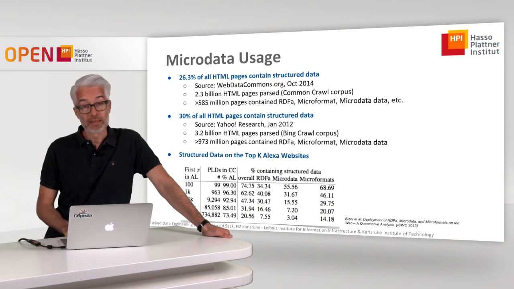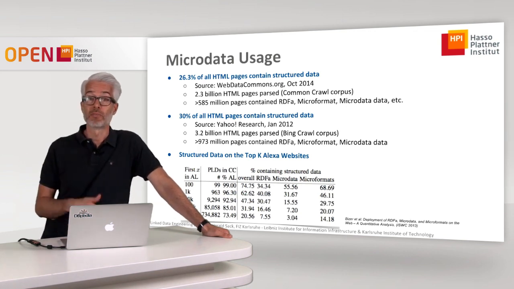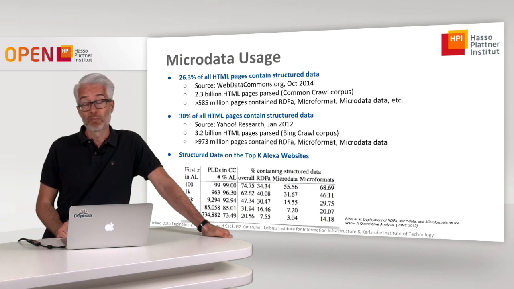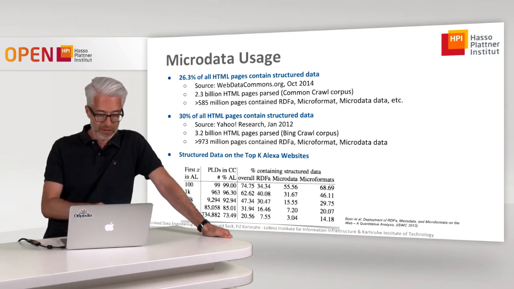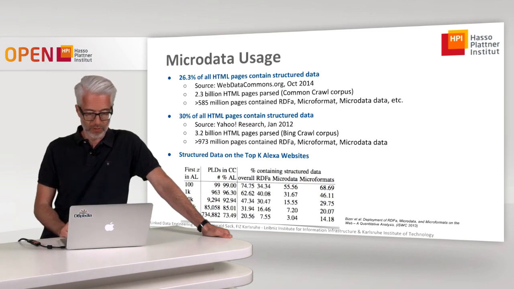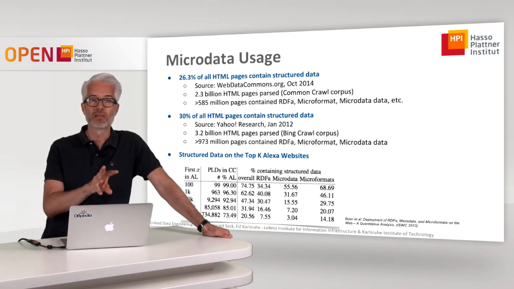Another interesting study looks at the top K Alexa websites, so the most popular websites in the world. What these people did was look in the common crawl that they have, and you see here in the second column how many of the top 100, top 1000, top 10K are available in the common crawl.